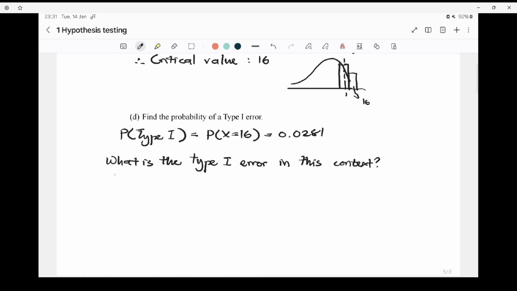So it means that you have less than 80% of the eggs that will hatch, but your H0 is falsely rejected.